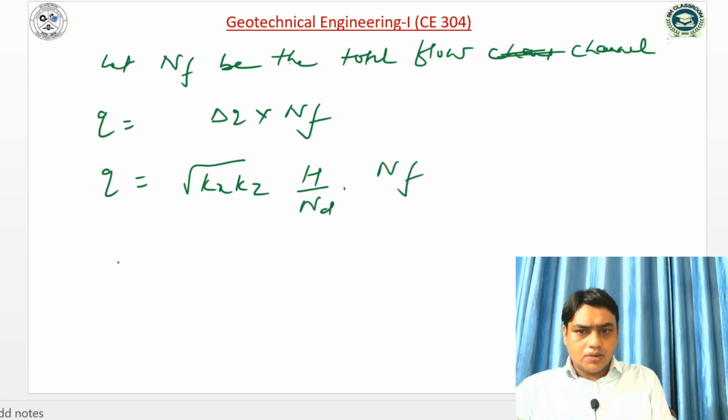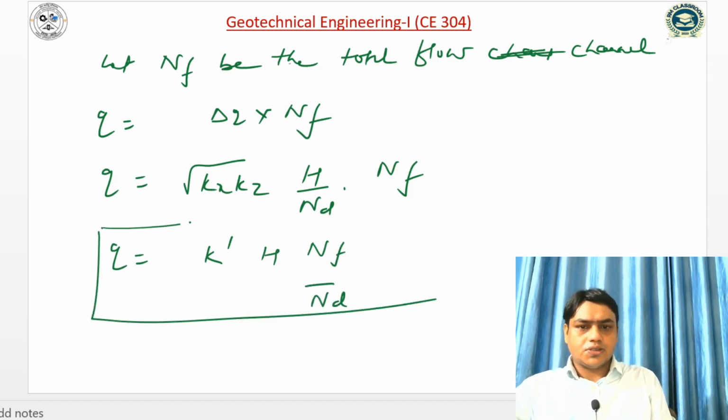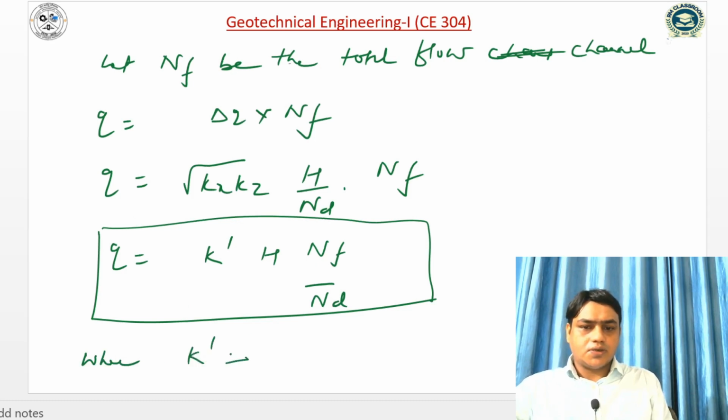So we can write q is equal to k dash into h into nf by nd. This is the discharge in the anisotropic soil, where k dash is equal to the square root of kx into kz.